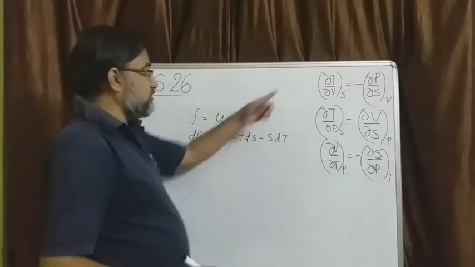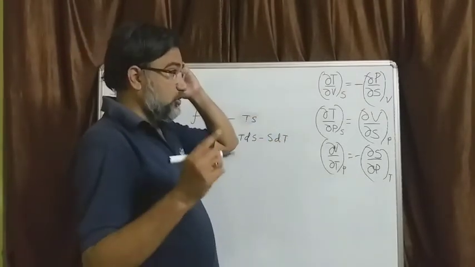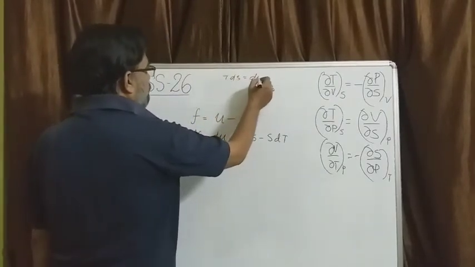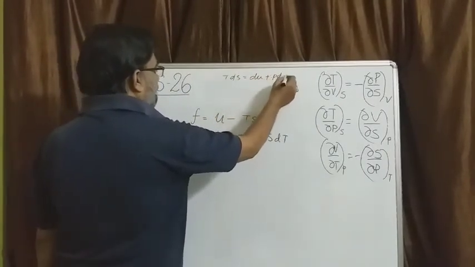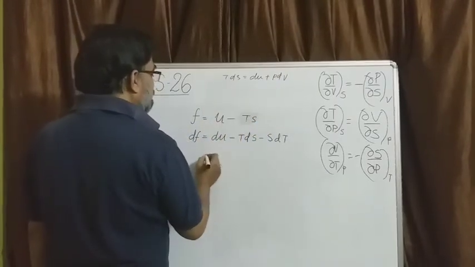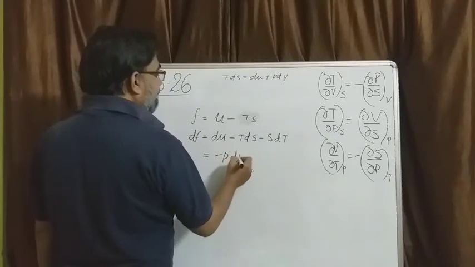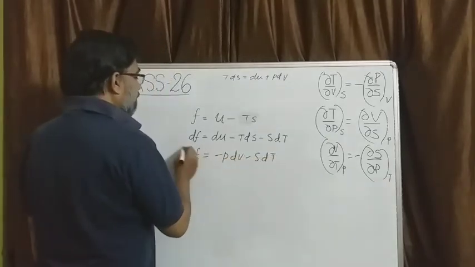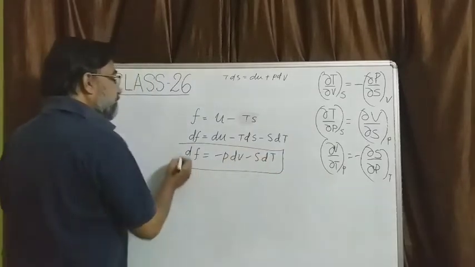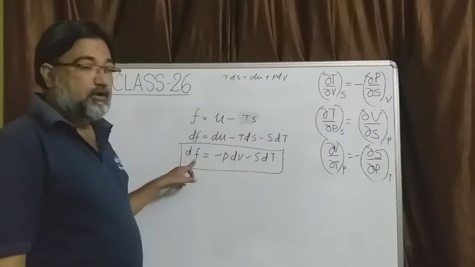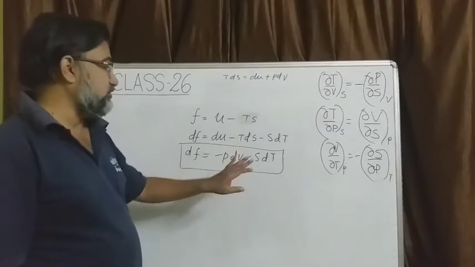Go to the first equation, from the first law of thermodynamics, where we had TdS equal to du plus PdV. So du minus TdS will be minus PdV. So it is minus PdV minus SdT. So dF is equal to minus PdV minus SdT, which is the differential expression for the Helmholtz function.